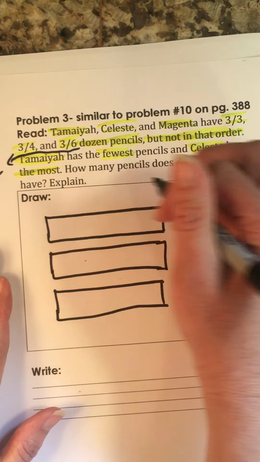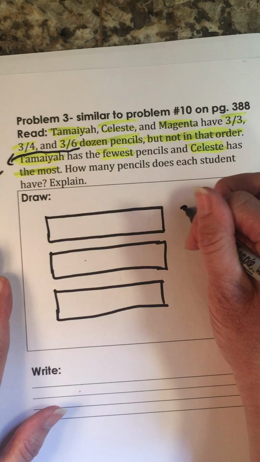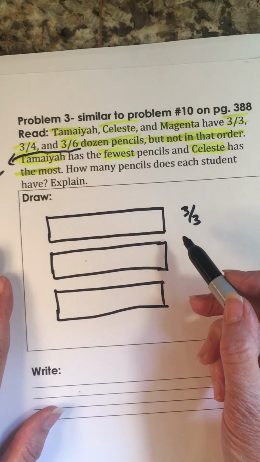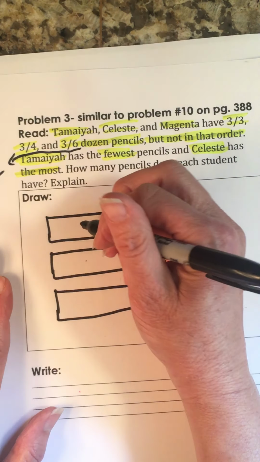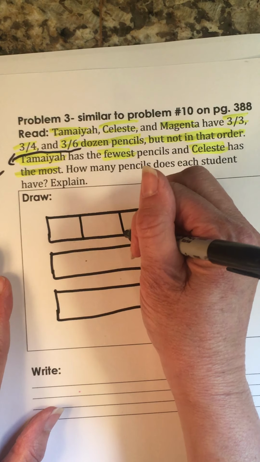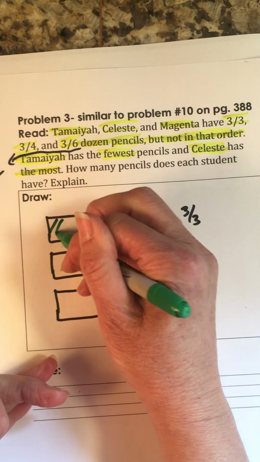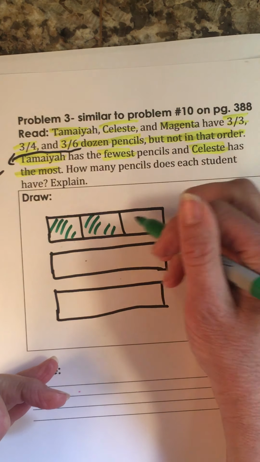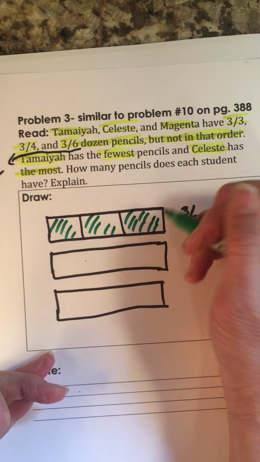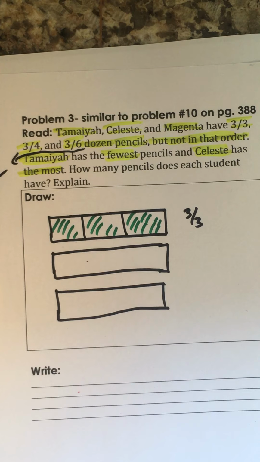Well, if I'm doing 3/3, that means 3 pieces. So I do 2 lines. And that would mean all 3 pieces are done. So 3/3 is the same as 1 whole, right? It's the whole thing, right? So that's one of them.